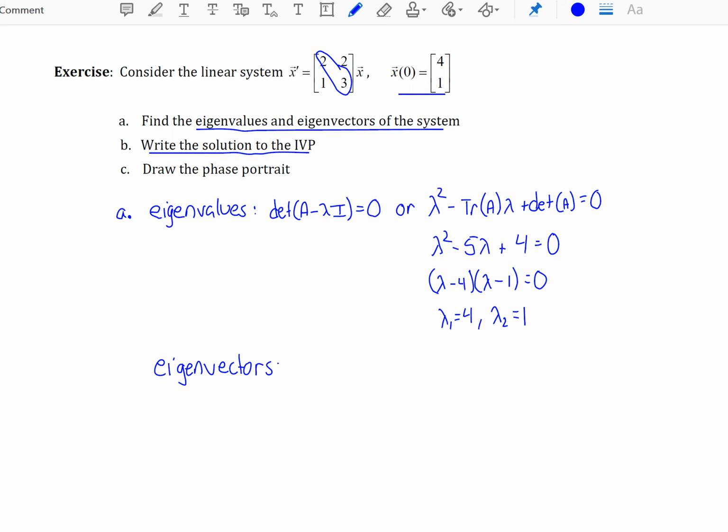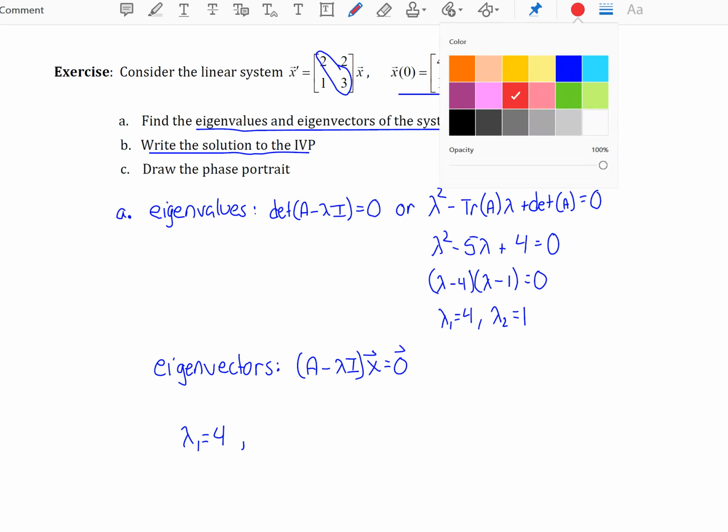Now let's go look for our eigenvectors. And to find our eigenvectors, again, we'll look at the equation A minus lambda I times some vector is the 0 vector. And we'll have to do this for each of our eigenvalues. So for our first eigenvalue of 4.